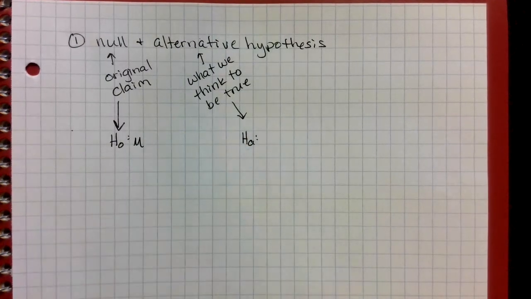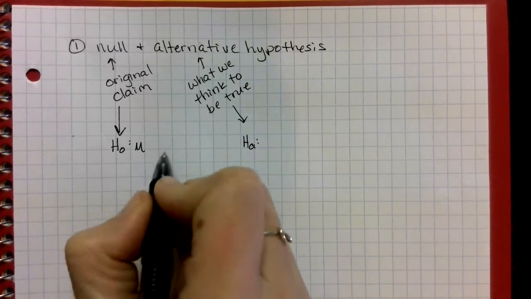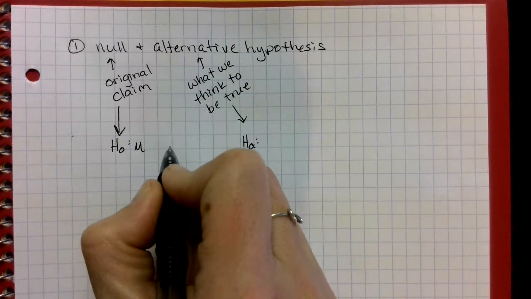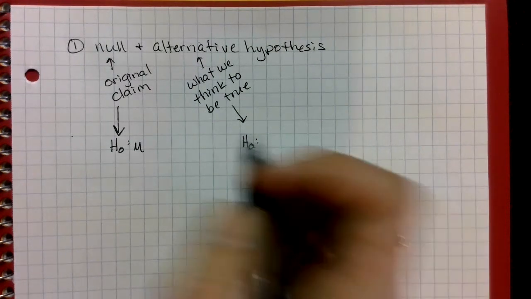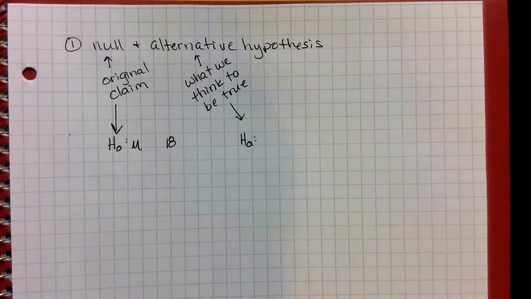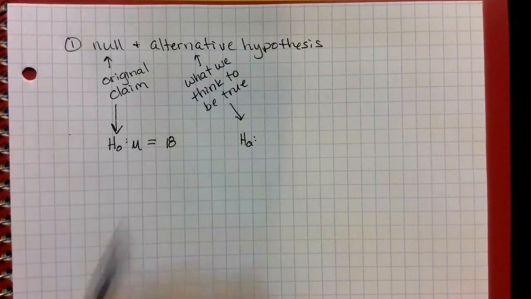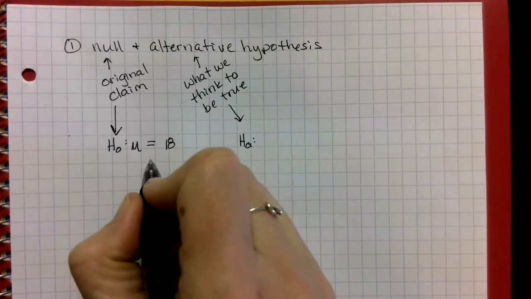So what we would do is use our symbol for population mean, which is mu. Now, they're going to make some sort of claim. Let's talk about ACT scores at Paint Valley. Let's say that somebody says our average ACT score is only an 18. So they are claiming that the population of Paint Valley High School has an average ACT score of 18.